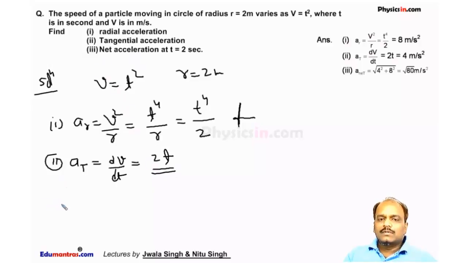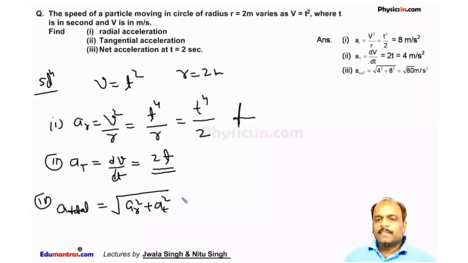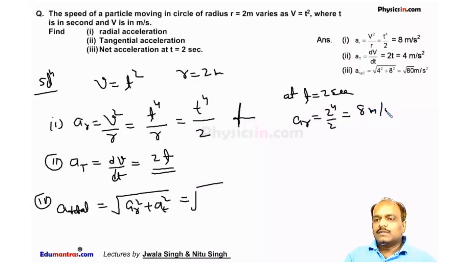The net acceleration, the total acceleration, is the third part. The magnitude of total acceleration is root over ar square plus at square. At t equal to 2 seconds, ar is equal to 2 to the power 4 divided by 2, that is equal to 8 meter per second square.